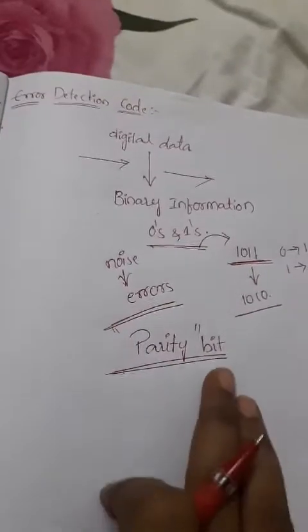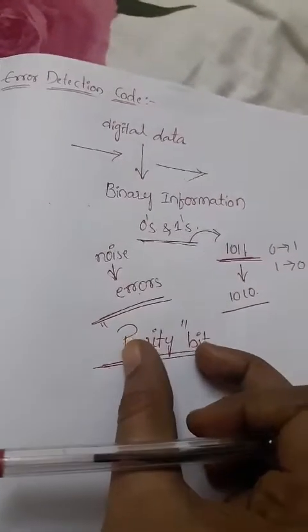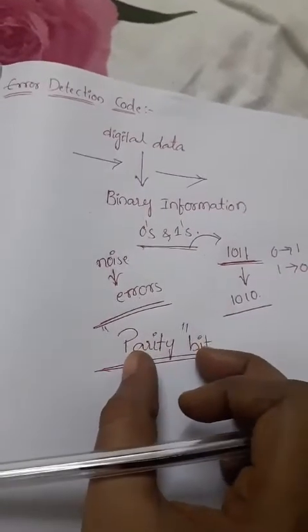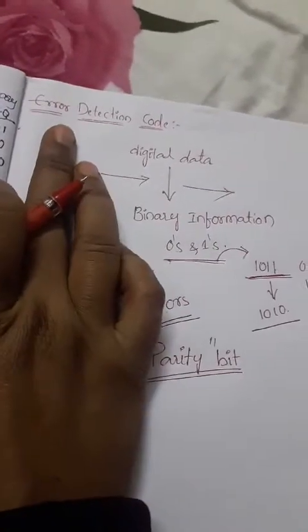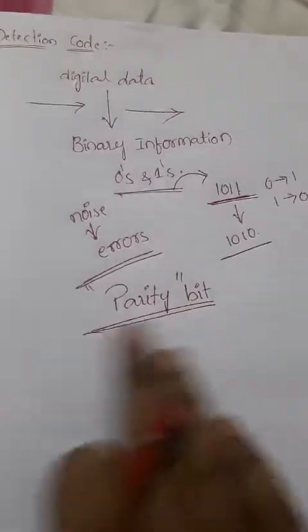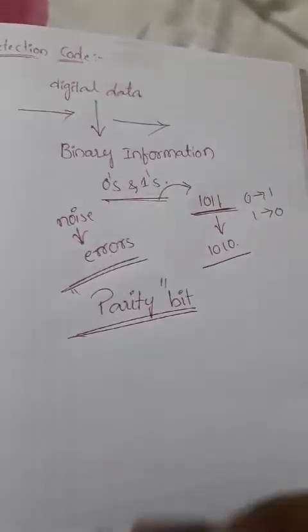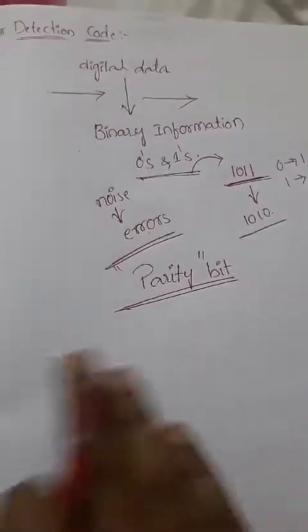Remember the point, this method can detect the errors. Now we'll see what a parity bit is, and the classifications and types of it.